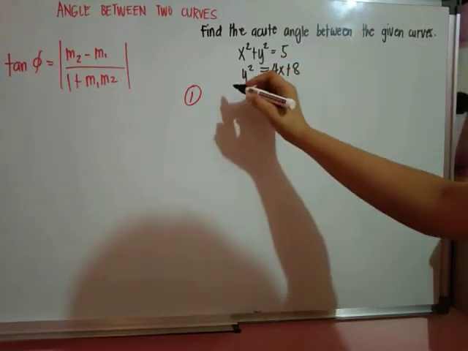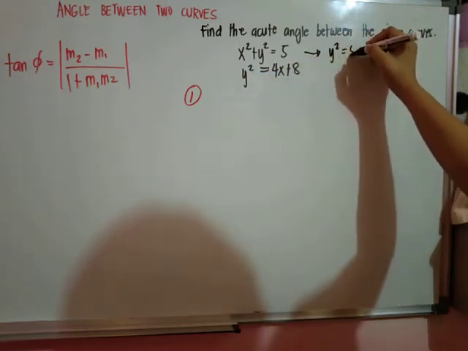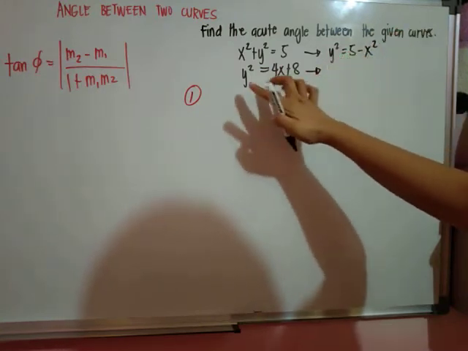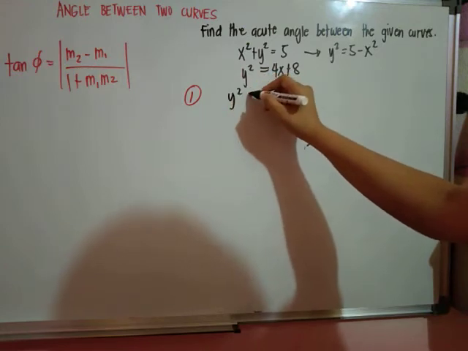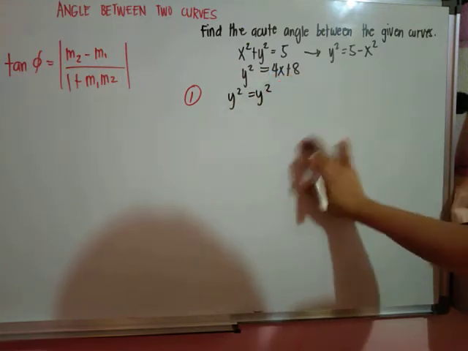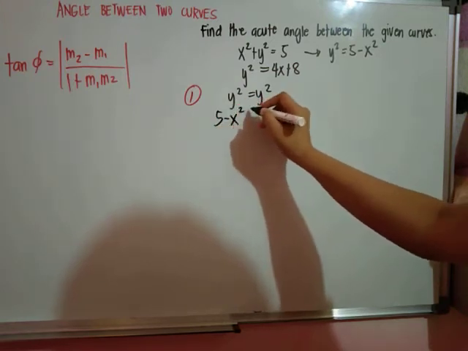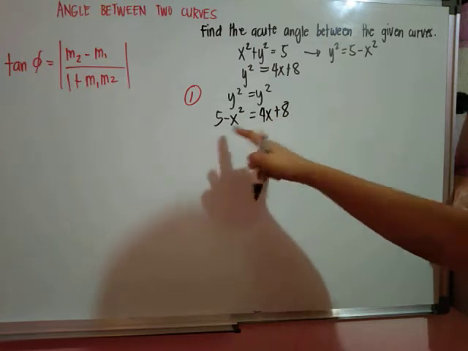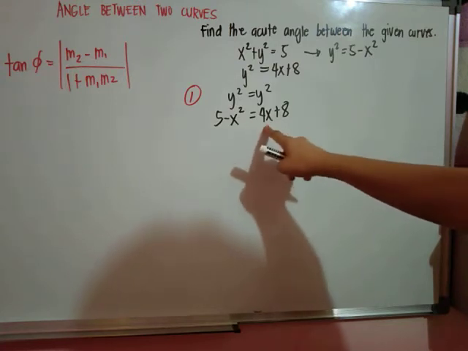So, yung first equation natin, i-transform ko into y squared equals 5 minus x squared. Then, itong second equation, no need na. So, para makuha yung point of intersection, y squared equals y squared. So, we have 5 minus x squared equals 4x plus 8. So, now, ang gagawin na natin is solve for x.